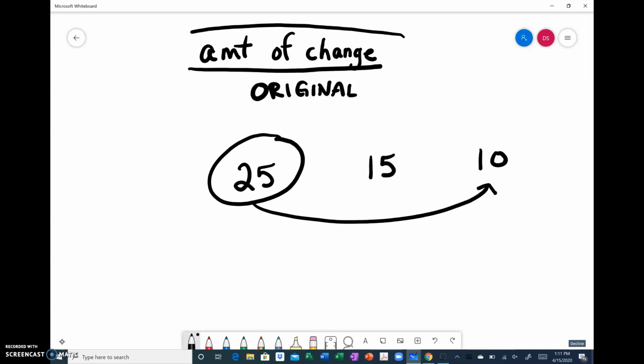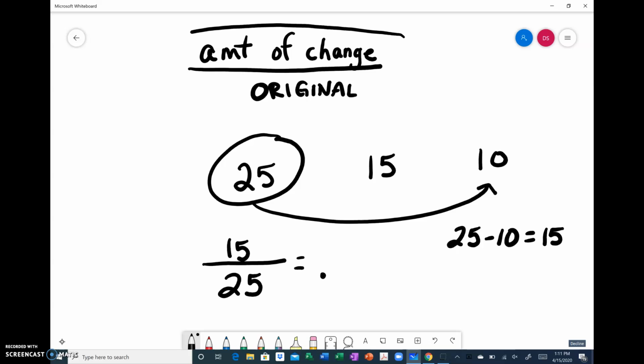Your first year, you had 25 goals scored against you. And then to figure out the change, we would subtract 10 from 25. We would get 15. And then into our calculator, we would type 15 divided by 25 equals 0.6.